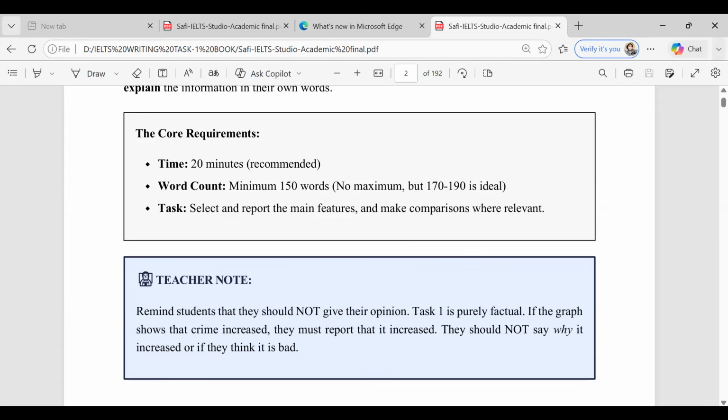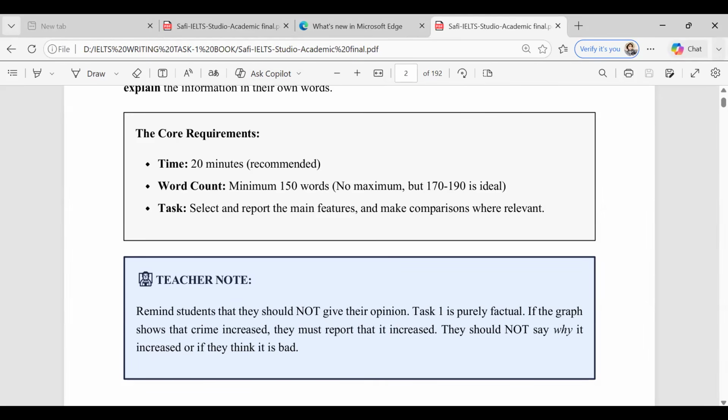So for IELTS writing, you will have only 1 hour. I want you to write Task 2 first, not Task 1. You're allowed to write either first, but I suggest you go for Task 2 first. Then you may come towards your Task 1.